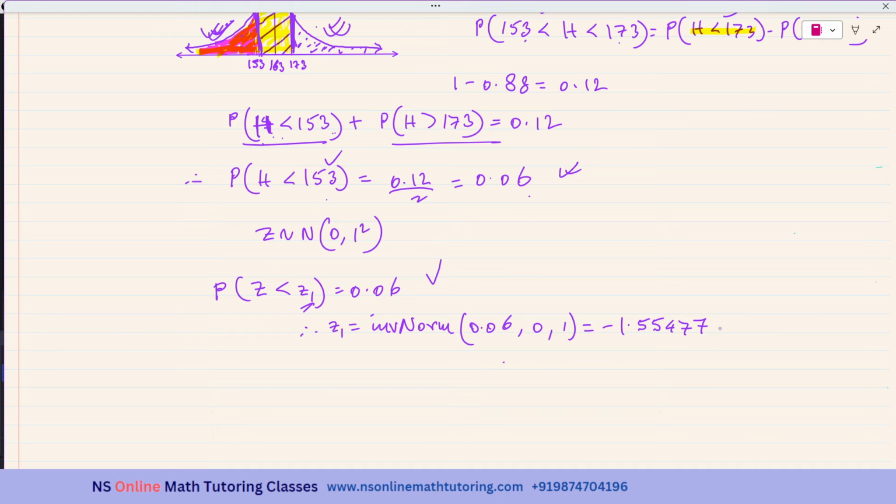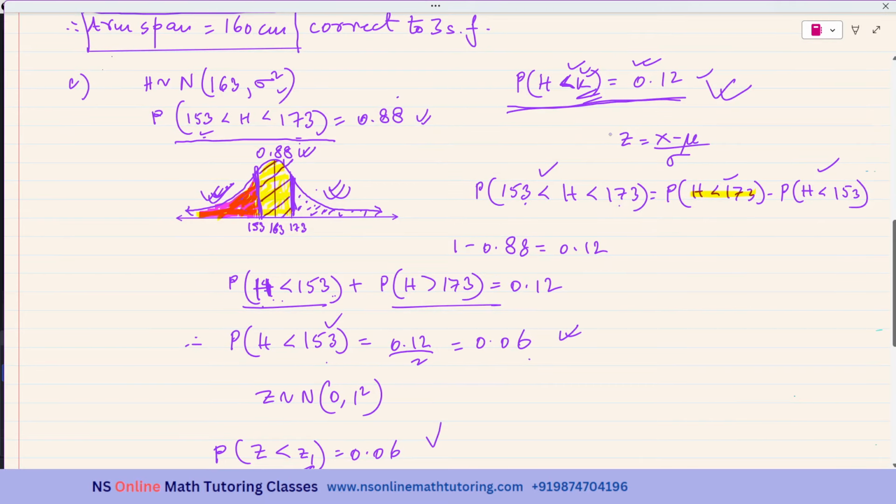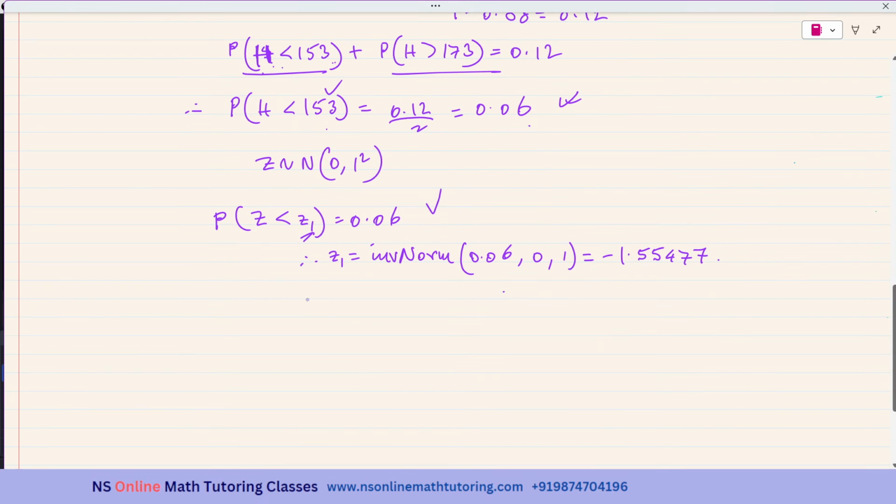Now we will be using the transformation formula between x and z to get the value of sigma. So negative 1.55477 should be equal to x, which is 153, minus mu, which is 163 centimeters, of course, divided by sigma.